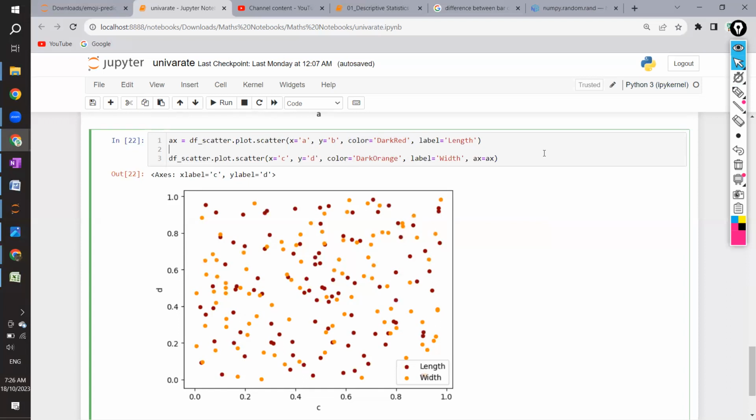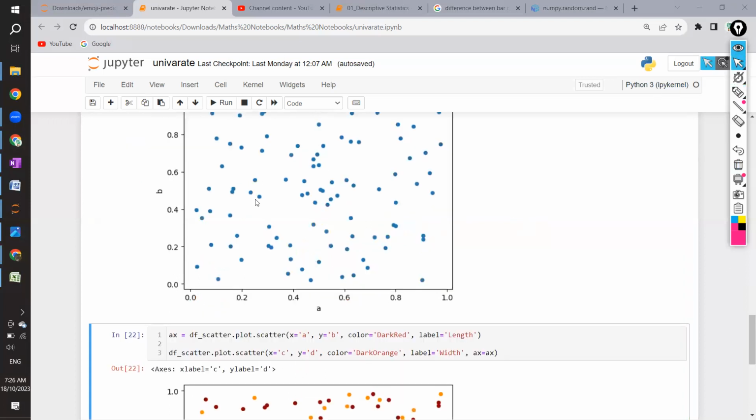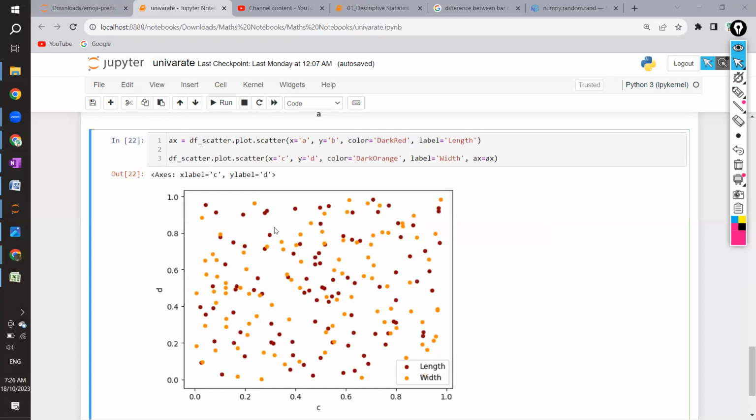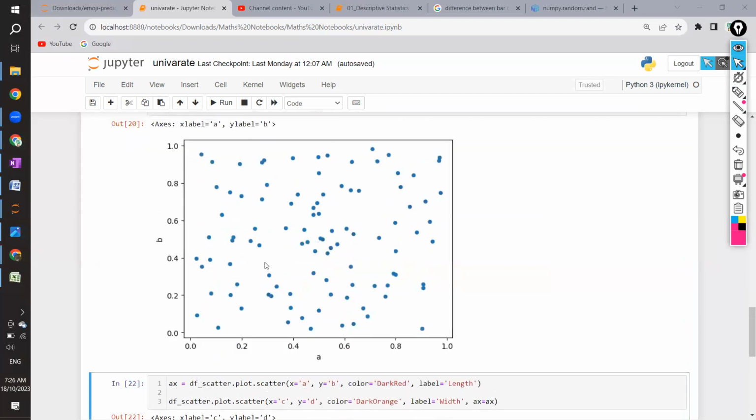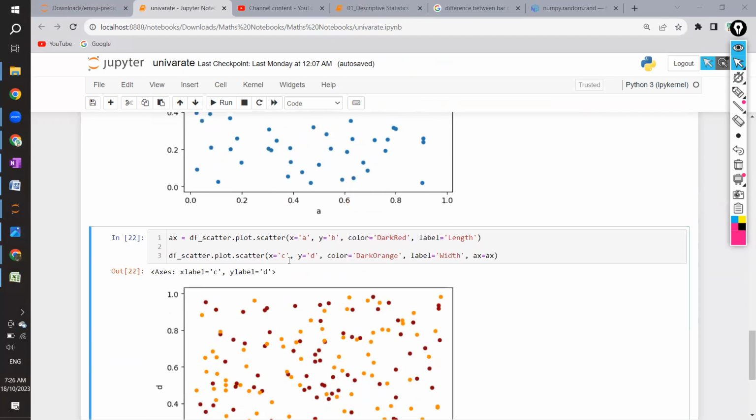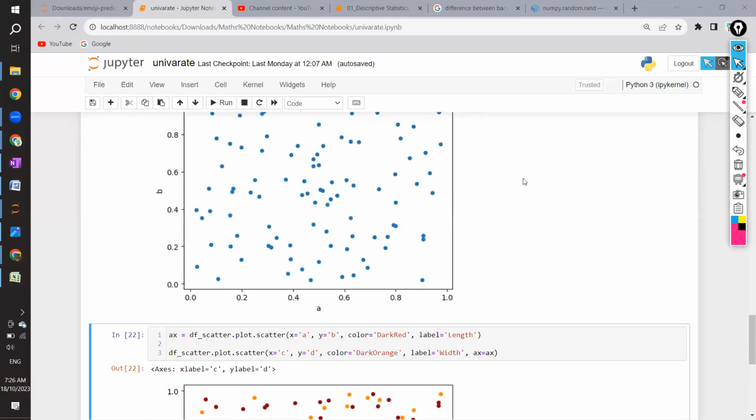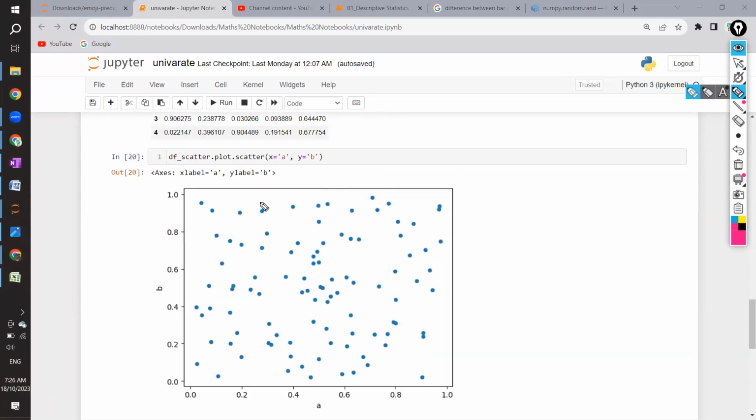Fine. So now all this red or dark maroon stuff is the A and B plot. That will be exactly the same as this. This graph will be exactly the same as this. Wherever you are seeing the dark brown, for example, if I show you here, you're having two joints, right? Here you're having two points nearby.